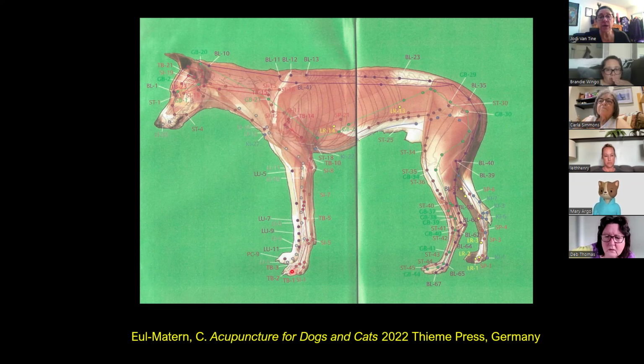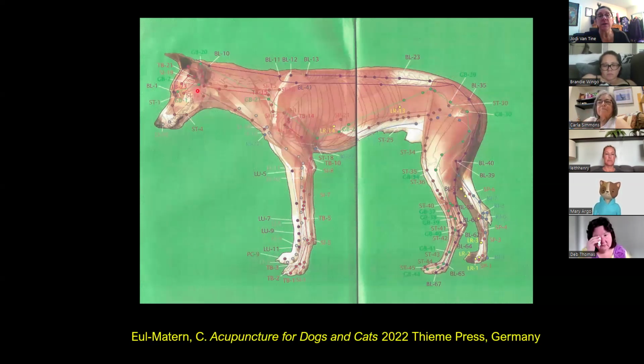We talked on the horary clock a while back that the chi starts in the lung meridian, kind of comes down here, goes to the large intestine meridian, and then it circulates back here to the stomach and the spleen meridian. And so these are the avenues that the chi flows through in the body on a daily basis.